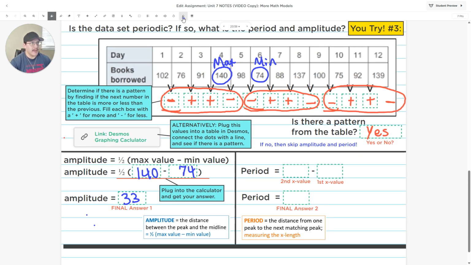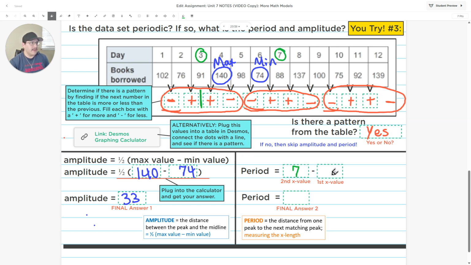Now, to find the period, I'm going to use a different color. Just use green here. I'm going to go from one part of the pattern to the other part of the pattern. So let's say from 3 after this first plus. So I'm going to go to the next pattern here. This first plus right here is 7.